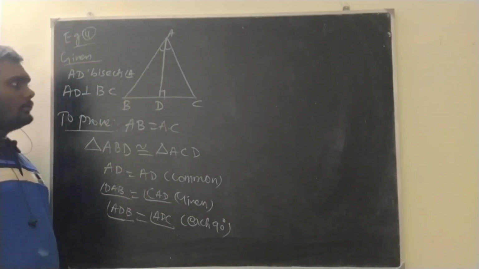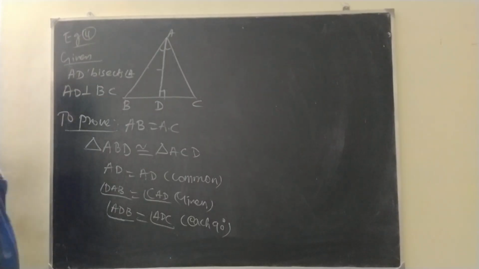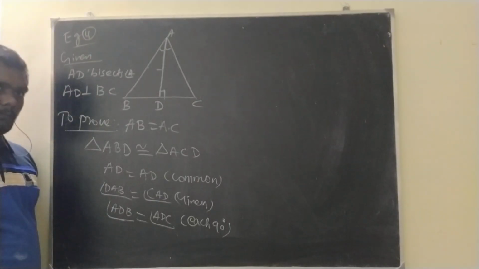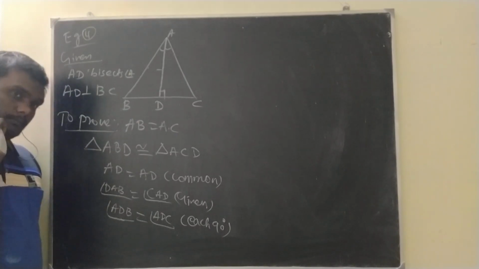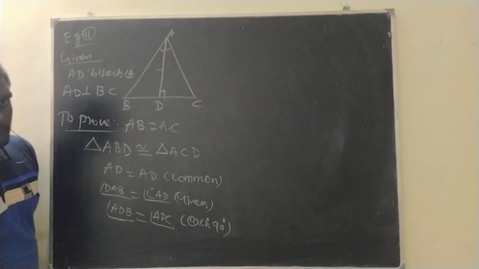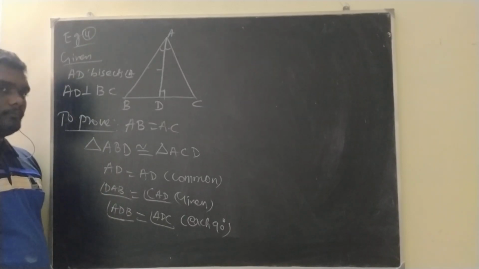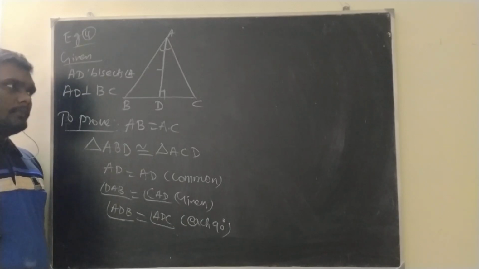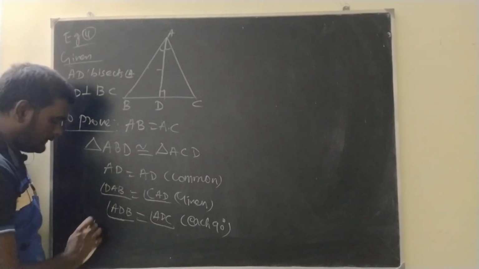Now what congruency rule will be applied? ASA, because the side is common for these two angles.